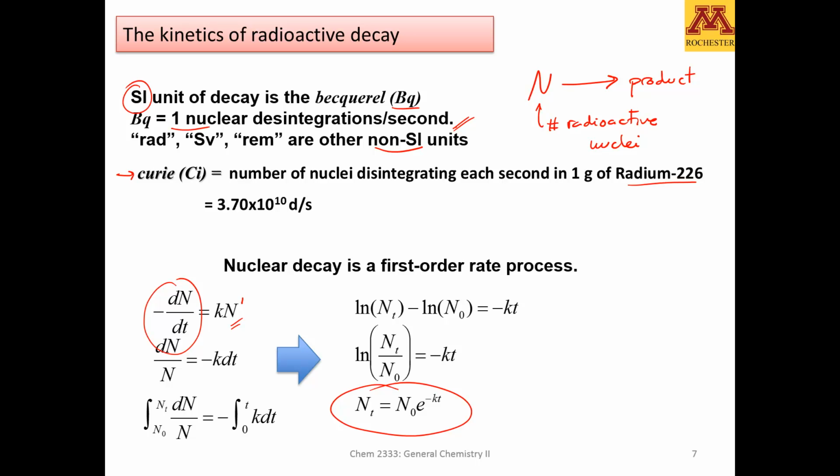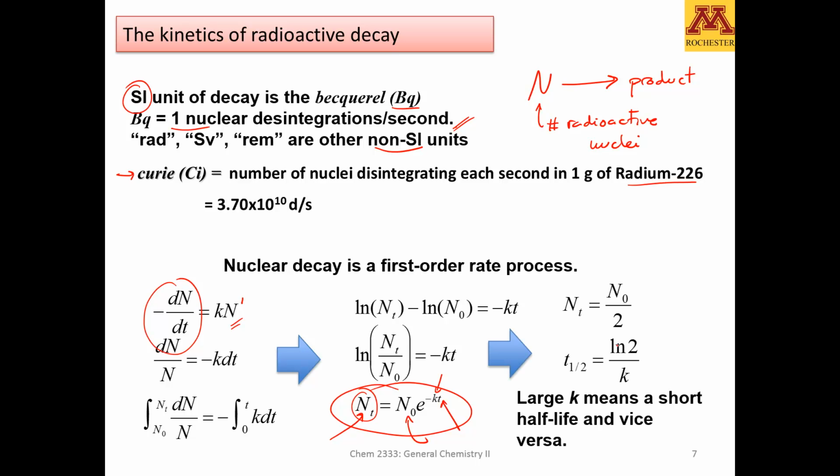Instead of concentration, we have just the number of radioactive nuclei. N0 is the number of nuclei that you had at the beginning, and depending on the decay constant of the nuclei, you can obtain the number of nuclei N at any specific time.